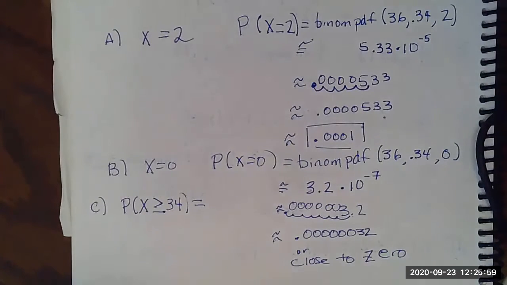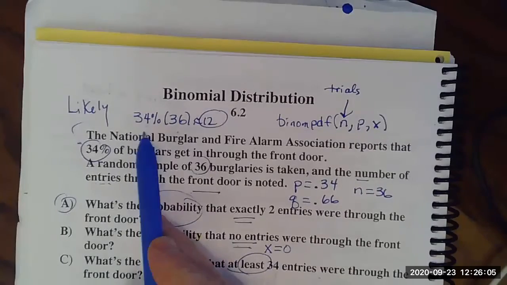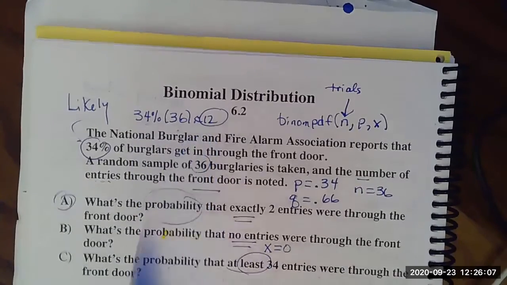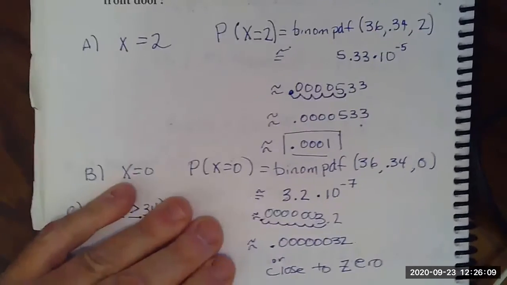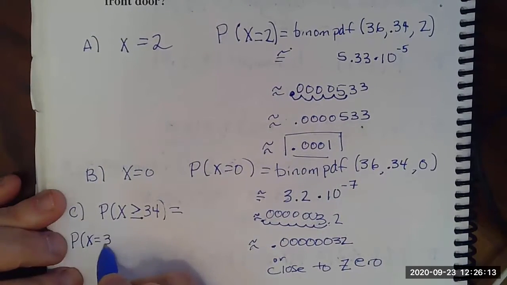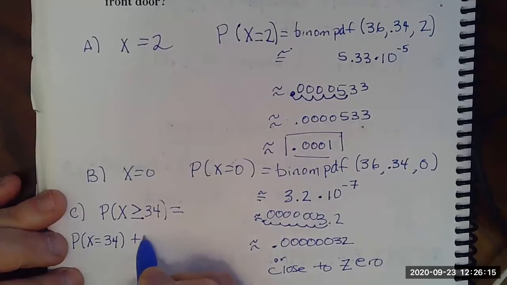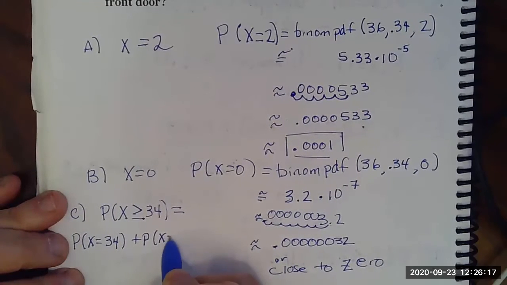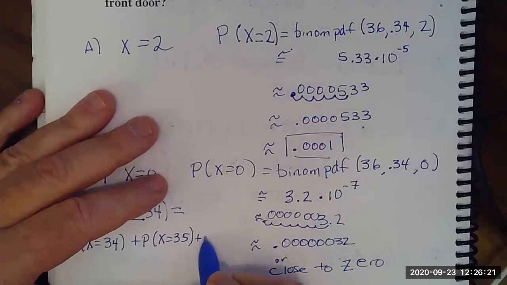That's very unusual again, because historically it should only be about 12. But we do it 3 times. So you go P(X = 34) plus P(X = 35). Keep going until you reach 36 in this case.